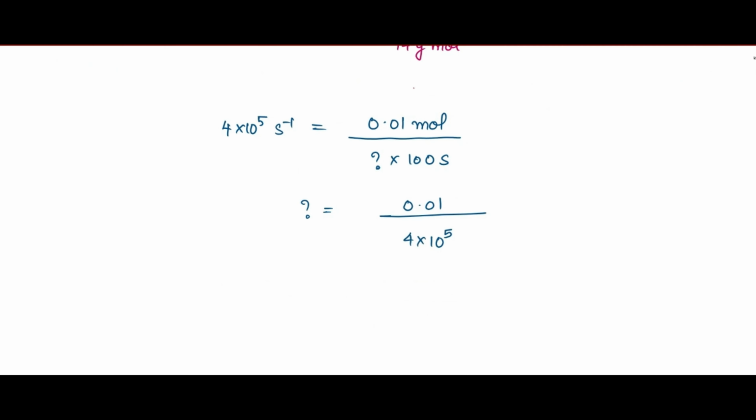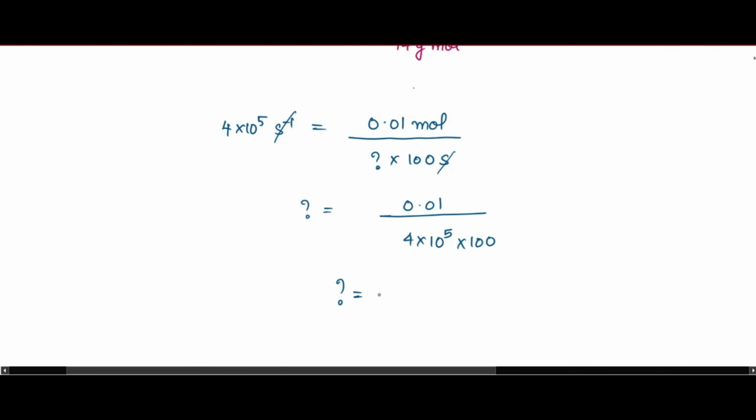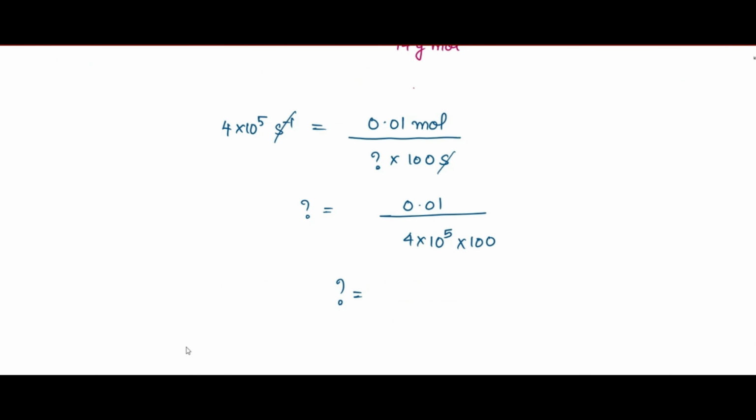Here there is per second, and here there is second, so they cancel. Correct? How much? 0.01 divided by 4, that is 0.0025 into 10 to the power minus 7 moles.